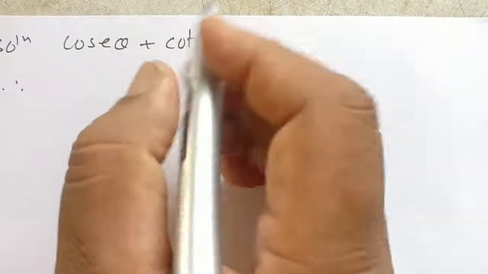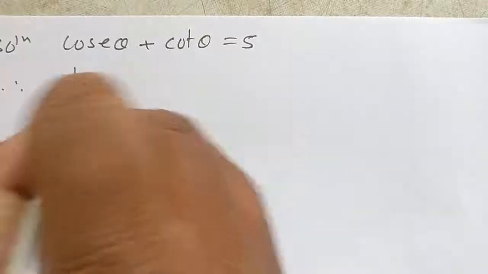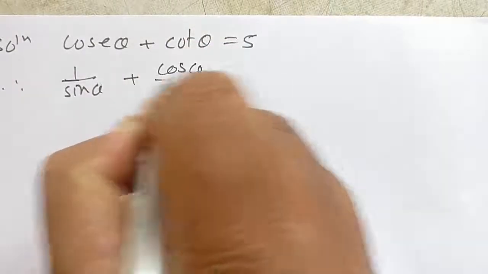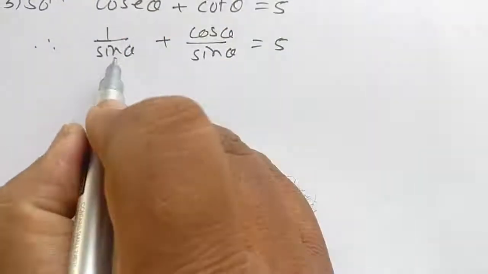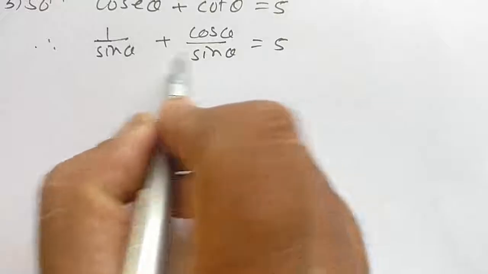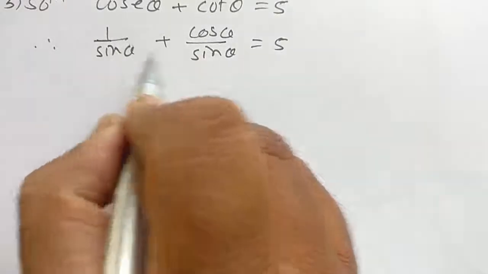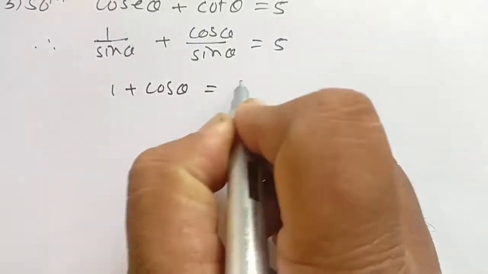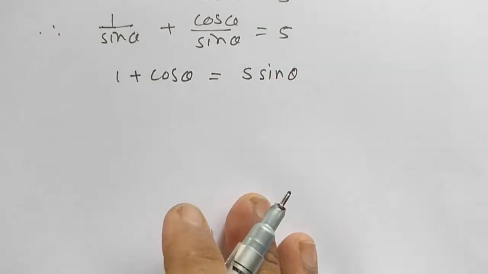Therefore, we write in terms of sin and cos: cosec theta is 1 upon sin theta, cot theta is cos theta upon sin theta, is equal to 5. The denominator is sin theta, so we can add the numerators: 1 plus cos theta is equal to 5 sin theta.